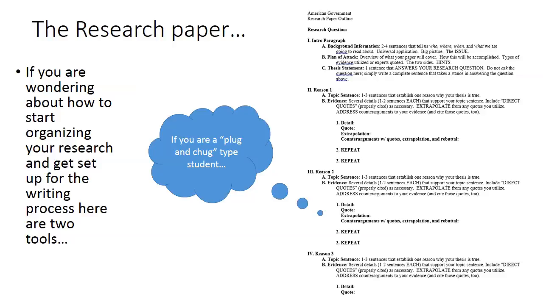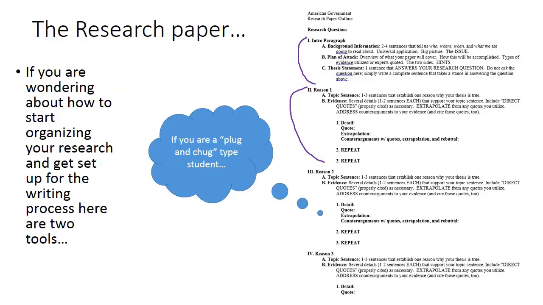If you're the kind of person that just needs an outline that you can put your stuff in and then just start making your transitions, this tool is a really great opportunity. It outlines your intro paragraph and then whatever else you need for your reasons and evidence. Keep in mind, you're going to probably use more than 3 paragraphs.